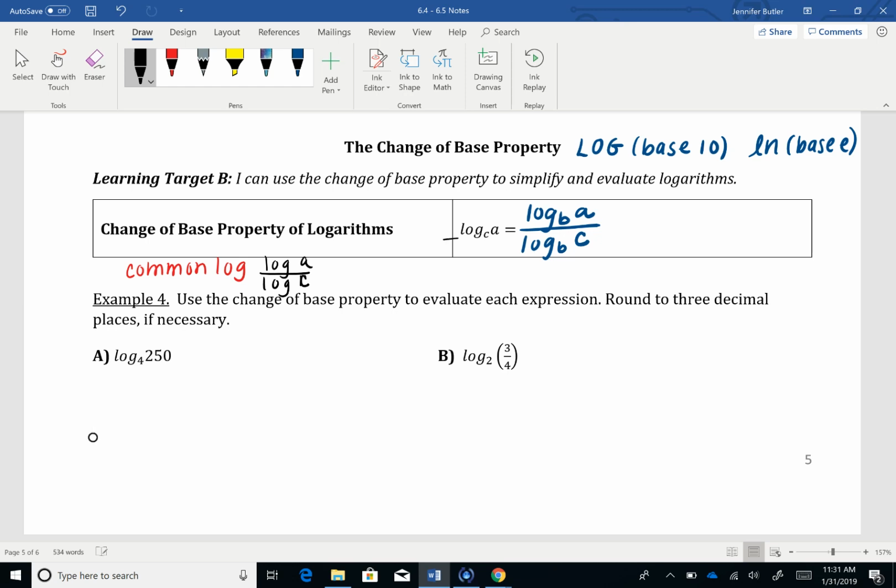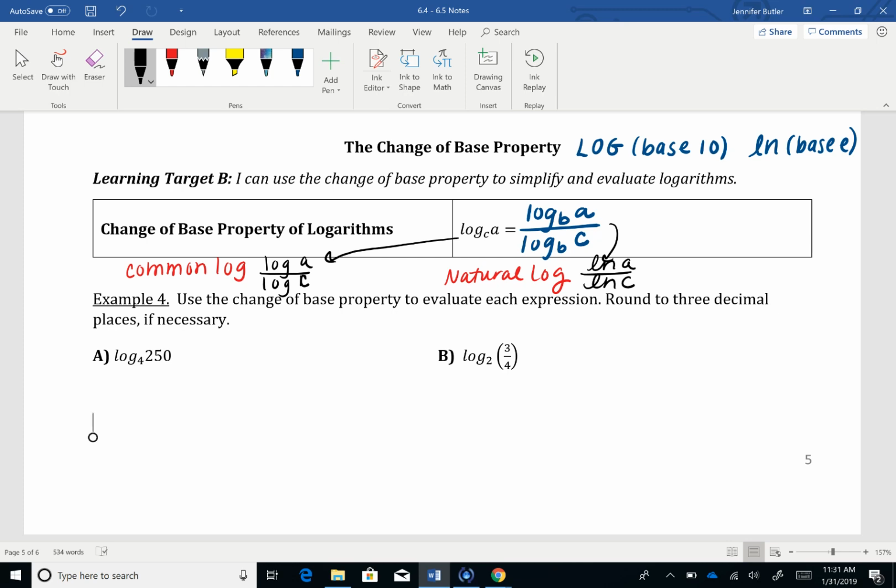So same thing there. If we want to use natural log, then we simply would write this as the natural log of a divided by the natural log of c.